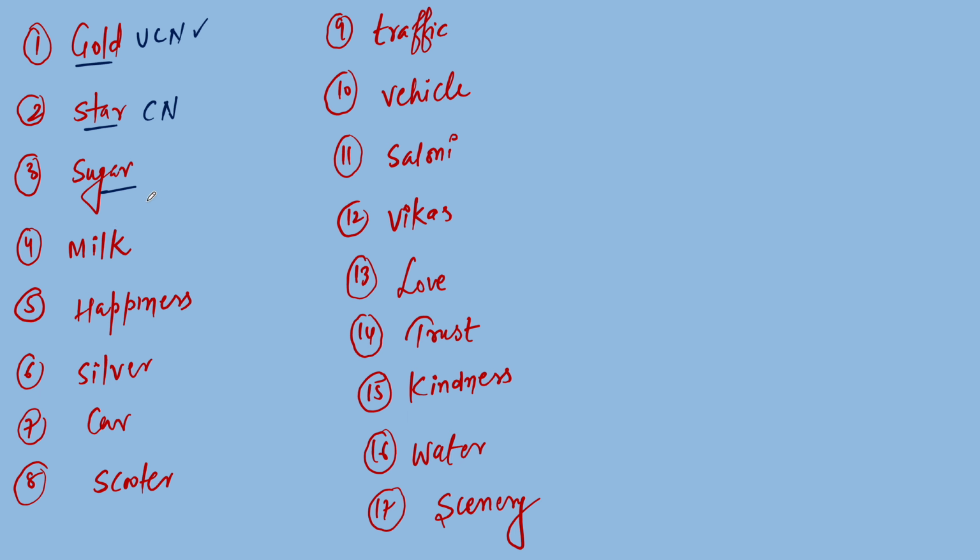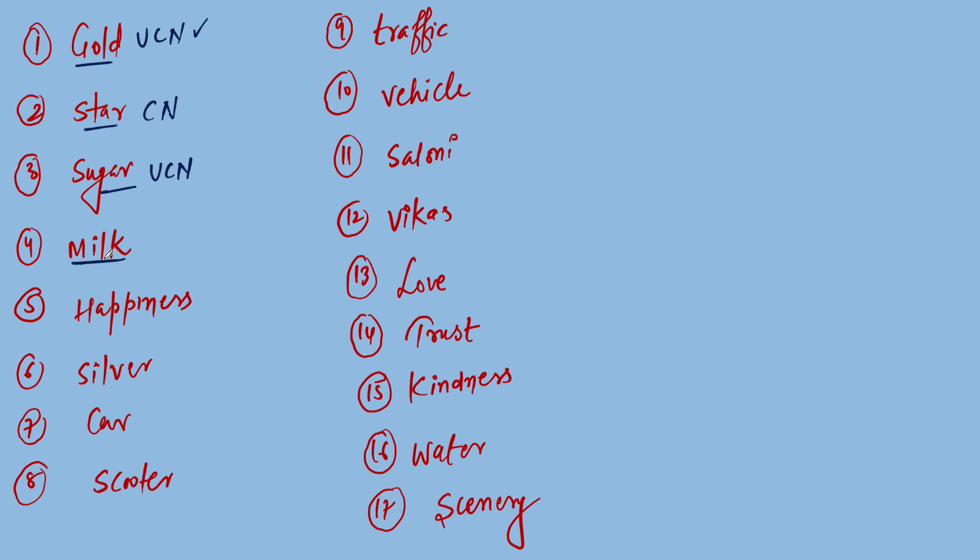Because by using sugar, actually you make something else. So it is a material noun, and material noun comes under the category of uncountable noun. Is it clear? Okay, so it is uncountable noun.